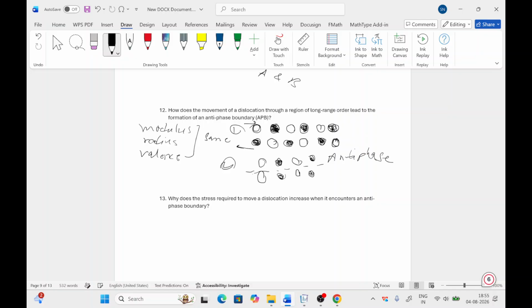Because in the first condition we have one phase, but as the above plane moves, it will create two different types of arrangement. Below this plane we have this arrangement, and above this also we have this.